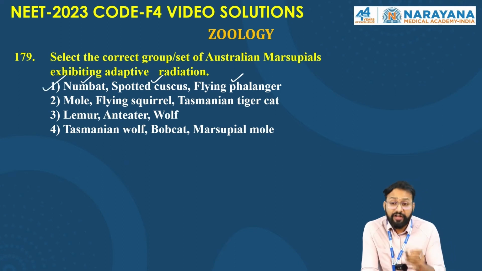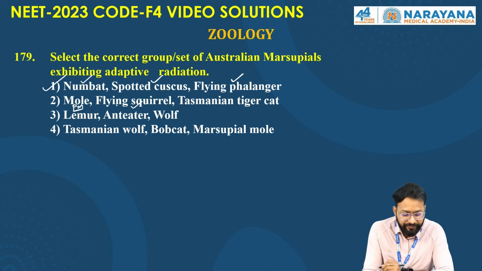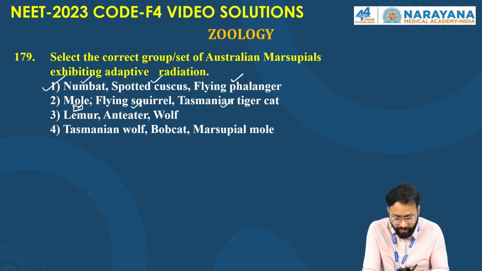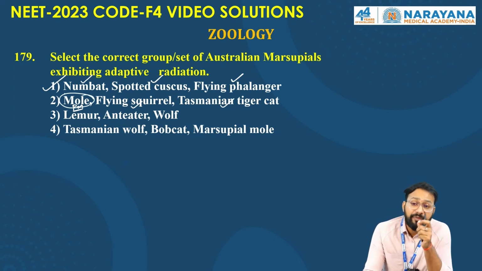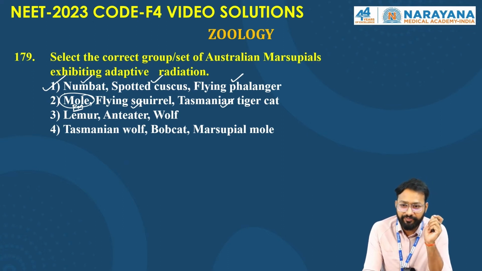The first option. Why not the other options? Mole, it is a placental mammal. Flying squirrel, it is a placental mammal. Tasmanian tiger cat, it is a marsupial. But because of the mole, right? Instead of this, if it would have been marsupial mole, it would be an Australian marsupial.